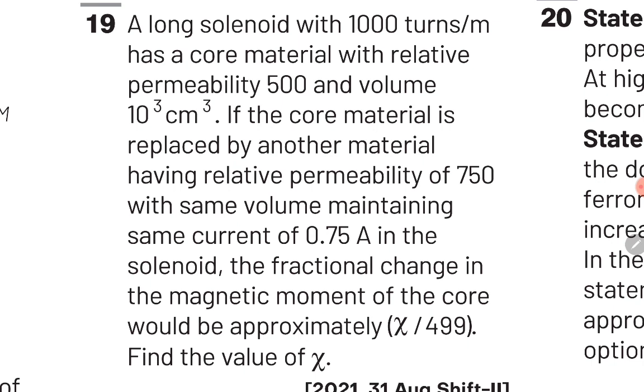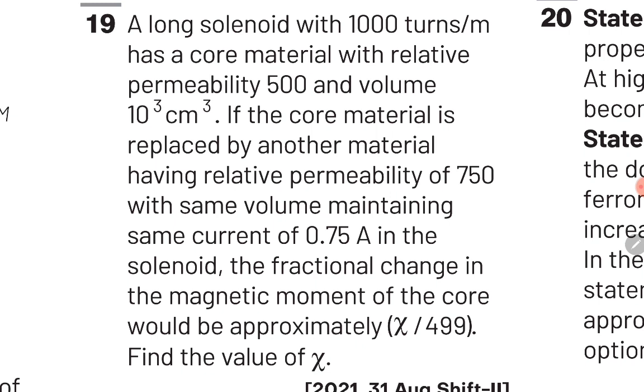Guys, in this question, we will use the concept relative permeability mu r is equal to 1 plus chi, where chi is known as magnetic susceptibility of the core material. By using this formula, we will obtain the value of magnetic susceptibility for the two core materials. And once we find this value, we will use the concept magnetization is directly proportional to magnetic susceptibility.